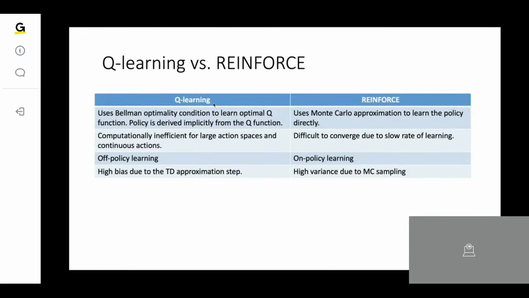Reinforce, on the other hand, has a high variance due to the sampling step, because the sampling might introduce variance, and in effect it also contributes to the slow convergence of reinforce as compared to, say, Q learning.